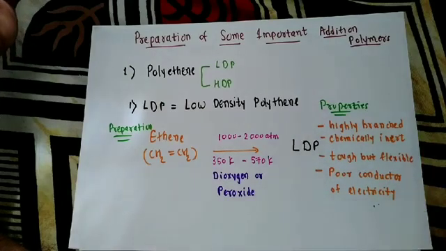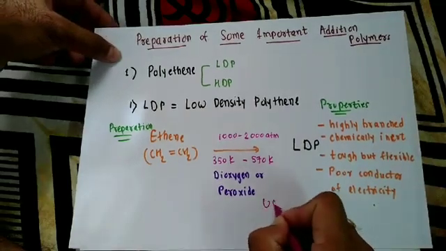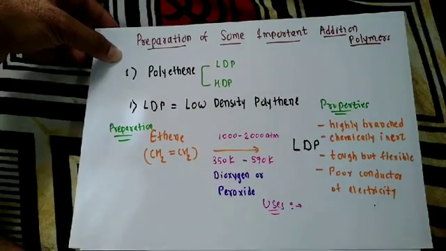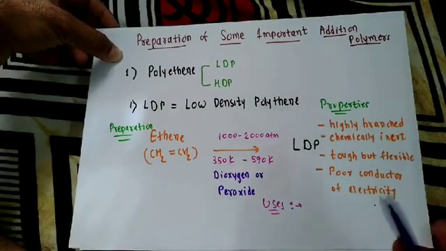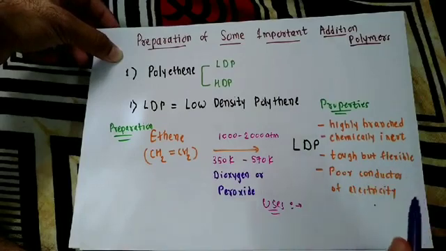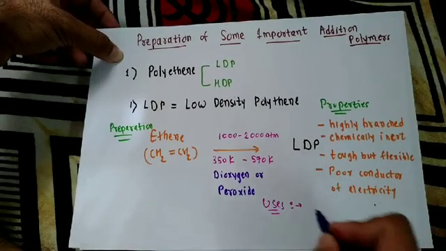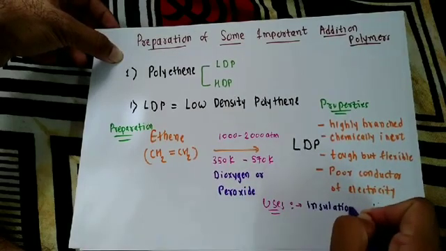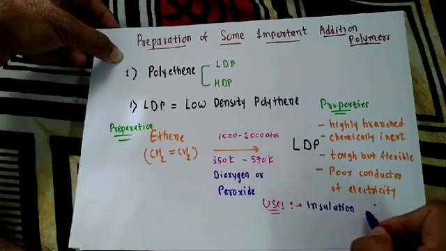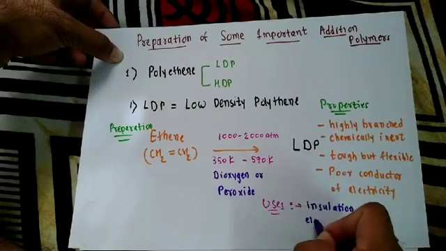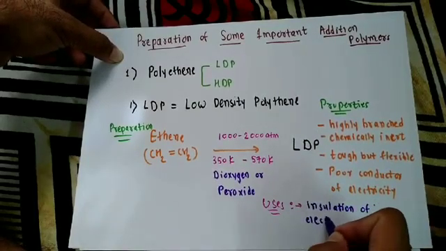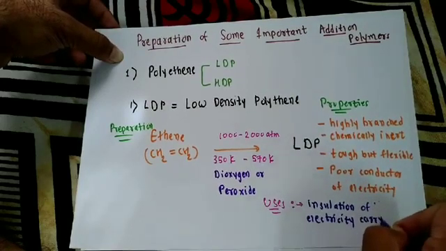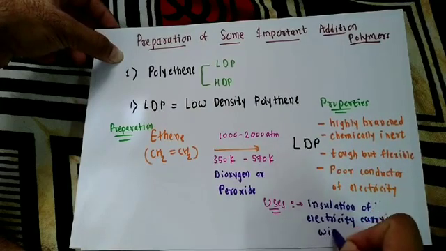Due to these properties, what are the uses of LDP? Because it cannot conduct electricity easily, it is used in insulation of electricity carrying wires.